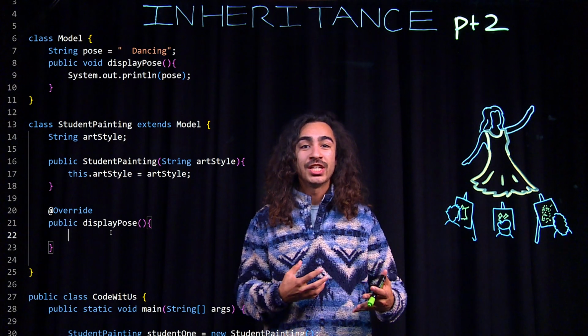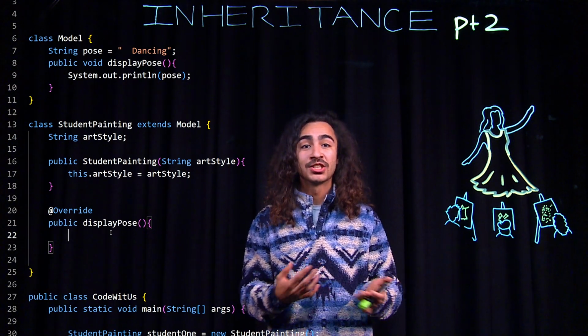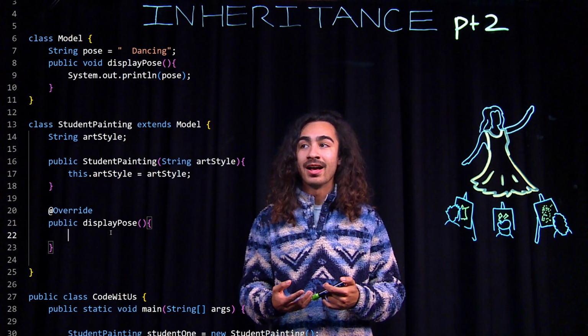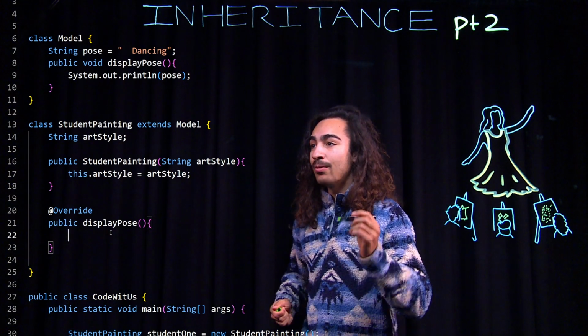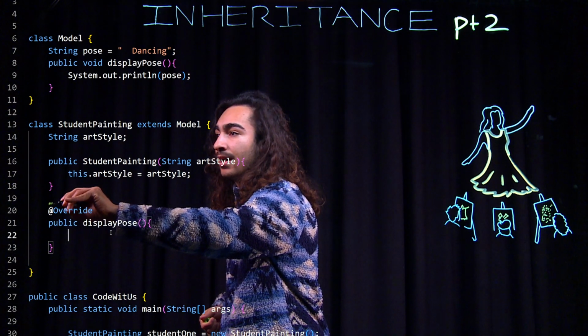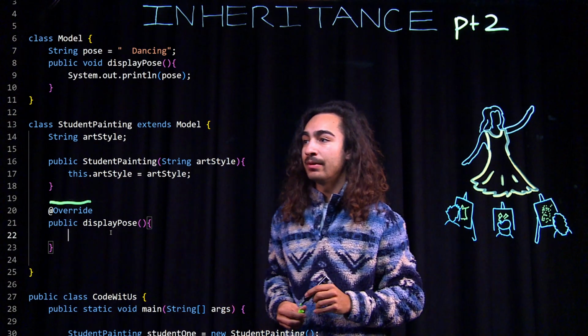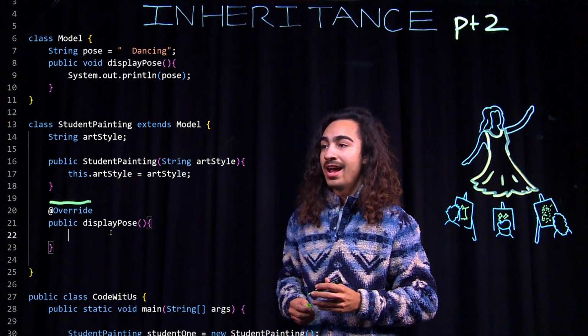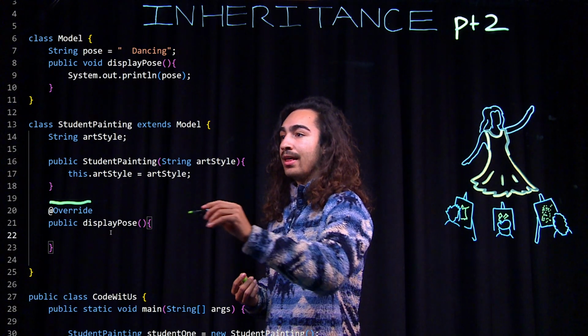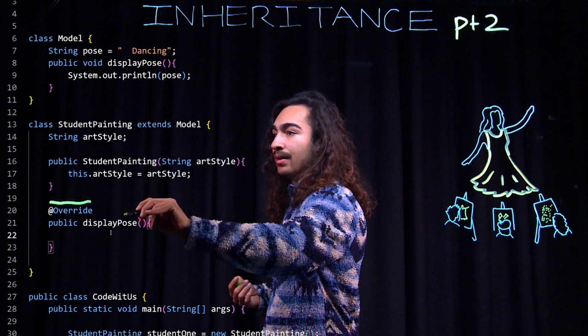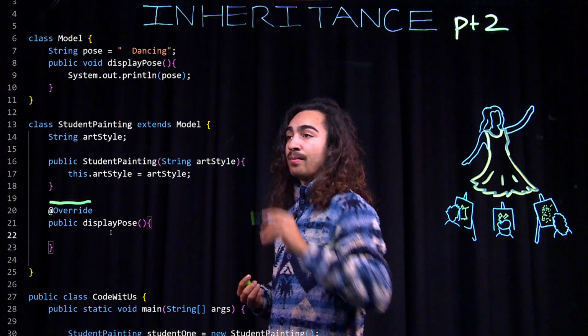You kind of want to change it depending on the subclass that you're in. And that's what I'm going to show you a little bit of an example of here. And to do that, we're going to need this override keyword, and that's telling the compiler that we want to override the method with the same name from our parent class.